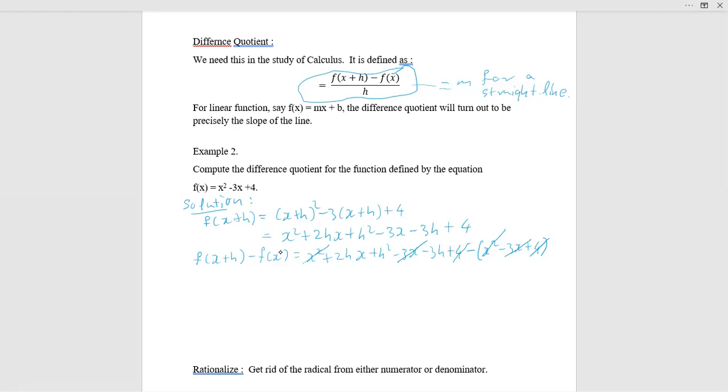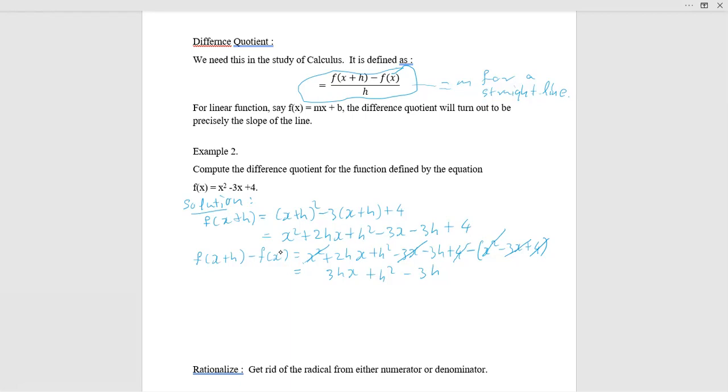So what we get is 3hx plus h squared minus 3h. Right? Now, here you see h is common.